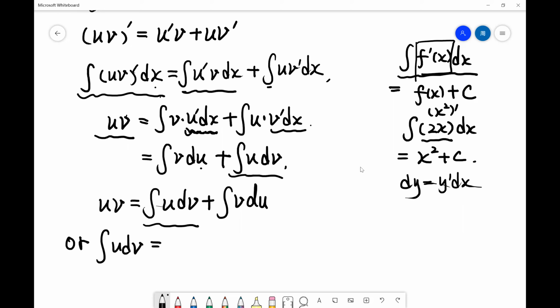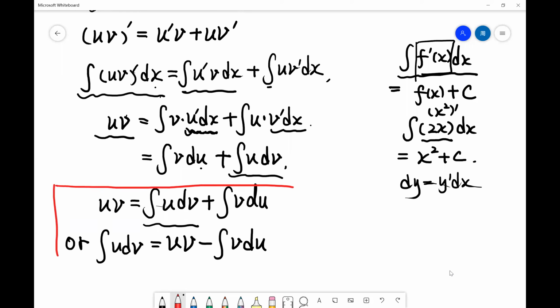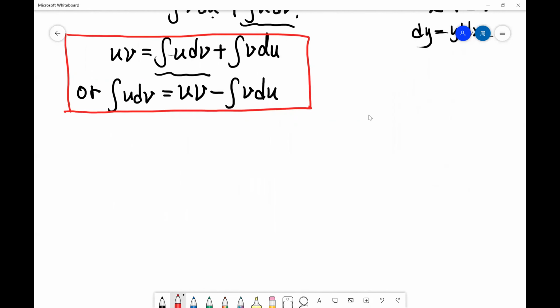So the integral of u dv equals u times v minus the integral of v du here. So that is the formula for integration by parts. And integration by parts is a very useful skill for calculating indefinite integrals and definite integrals. So here we have the formula, and we can look back to the example here.